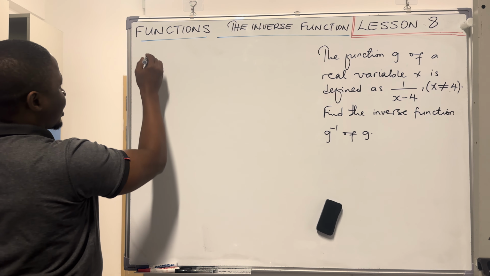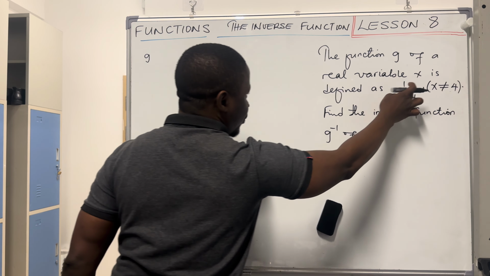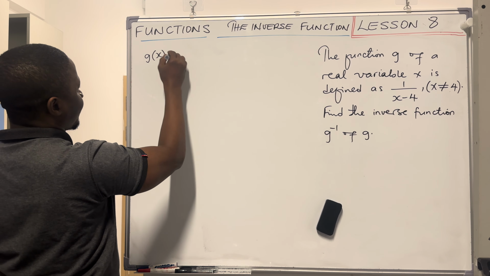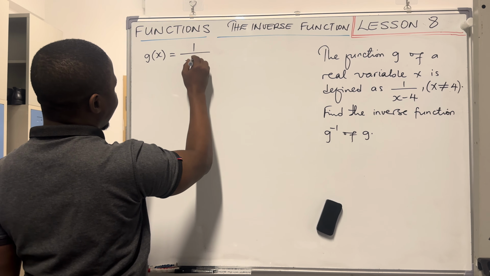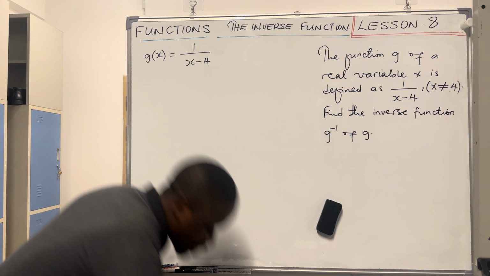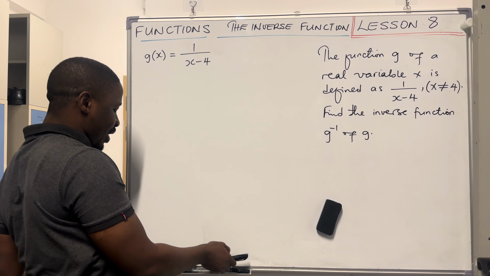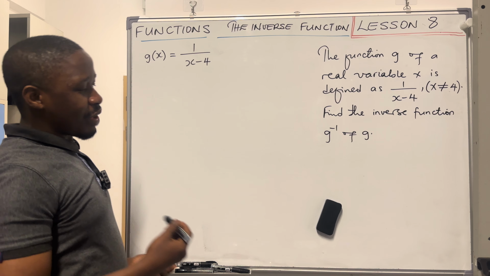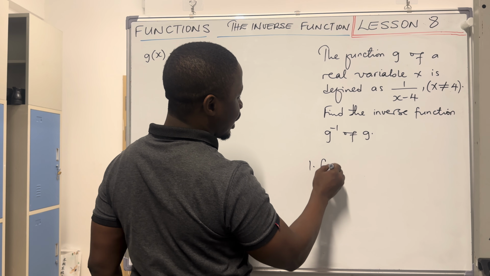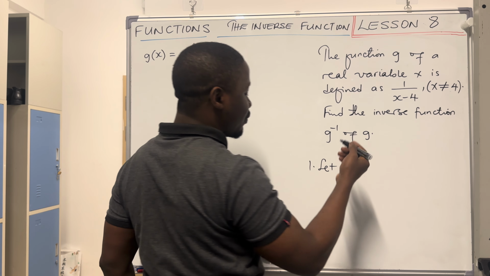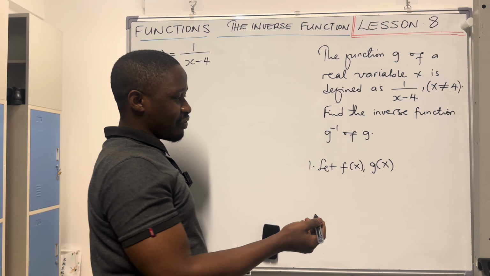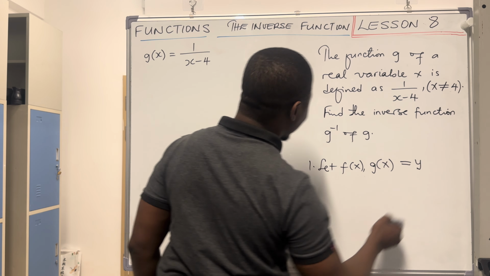So first of all, we are given function g. The function contains x, so we say g of x, which is 1 over x minus 4. We want to find the inverse, but one thing about finding the inverse of algebraic functions, we have steps here. The first thing is let f of x, if it is f of x given, or let g of x, if it is g of x given, let it be y.